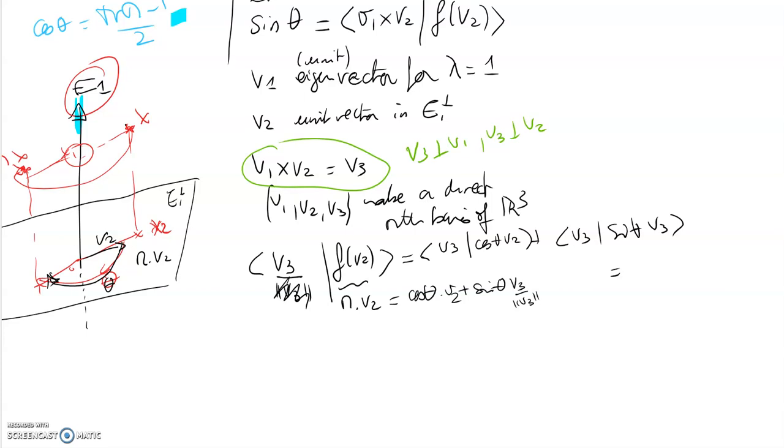So that first part is equal to 0, and this part is equal to the sine of theta times the norm of V3 squared.